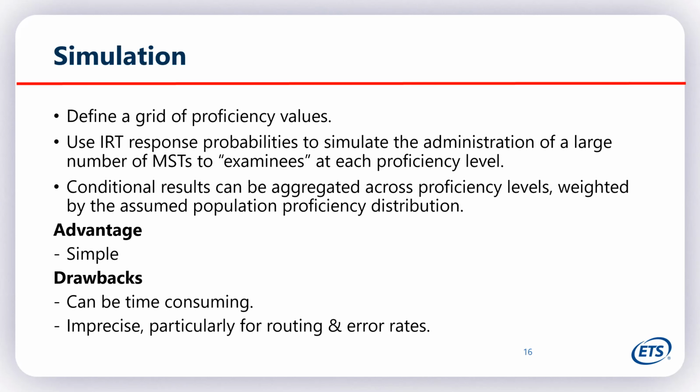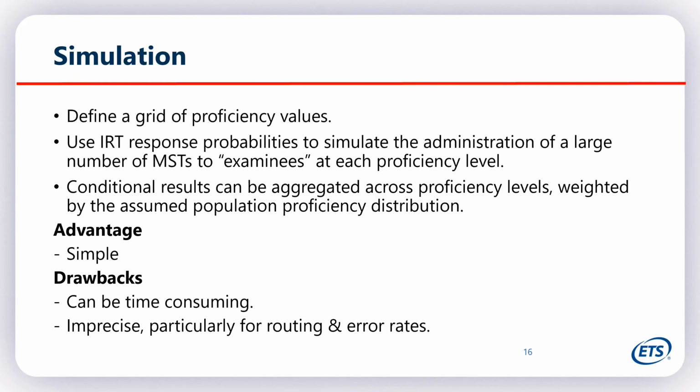From those conditional distributions, we can determine directly the proportion of examinees at a given true proficiency value that will have observed scores that exceed or fall short of each of the decision thresholds. So that will give us our routing probabilities. We would also know how many of those routing decisions are in fact correct or incorrect.